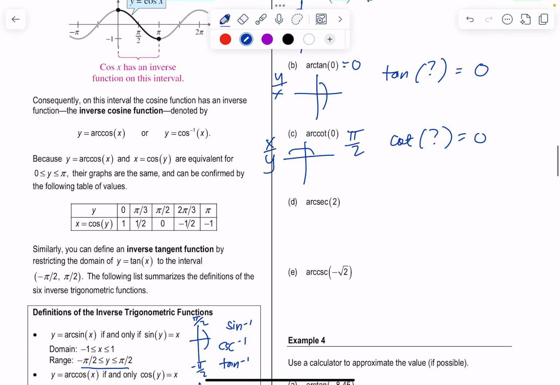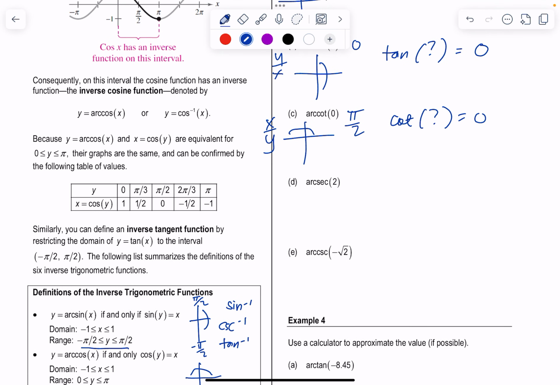Okay, for secant, it is the inverse of cosine. So if cosine is x, finding secant is finding 1 over x. So what is 1 divided by x equals 2? So secant of something equals 2.